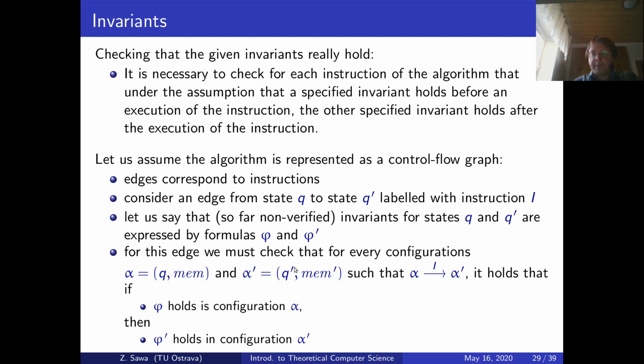So whenever the machine goes through this given edge of the control flow graph, assuming that phi holds in alpha, then in this new configuration alpha prime, this invariant phi prime will be true.